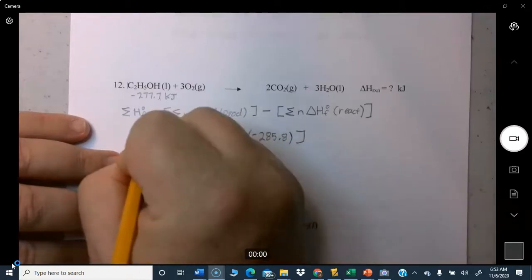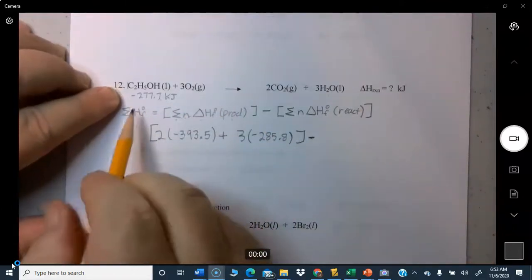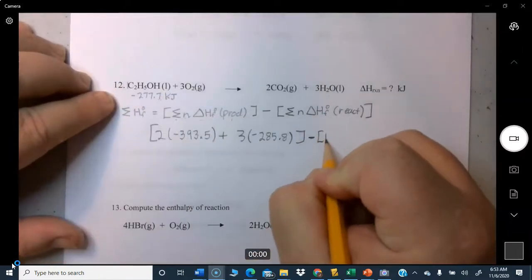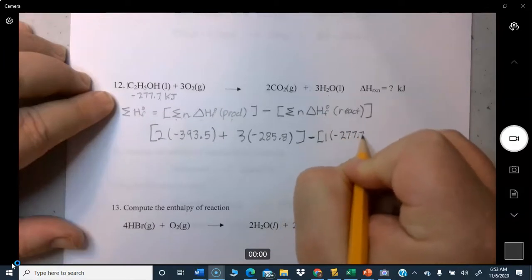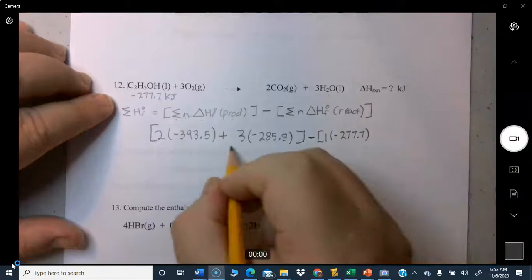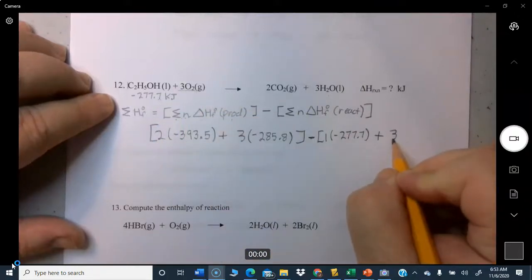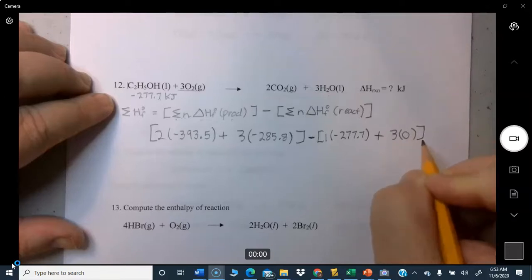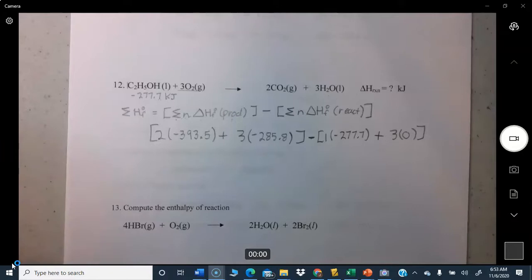Big square brackets around that whole thing, and then a negative sign. And then we have our new compound here, which is this. There's 1 mole of it. Plus the oxygen is 3 times 0. Pure element. Okay, here goes the fun part. Be careful of the negative signs and go ahead and compute this.